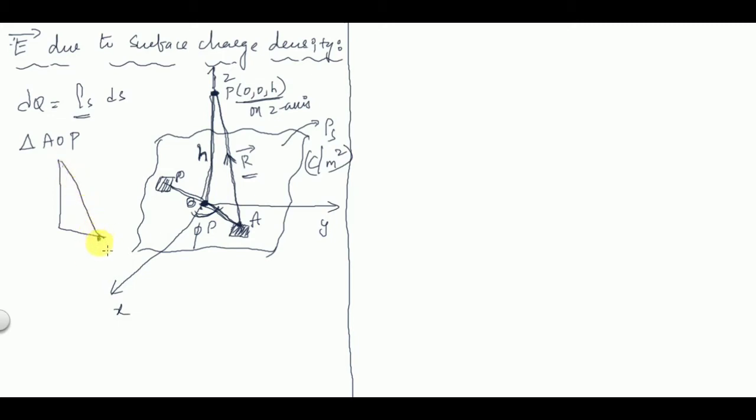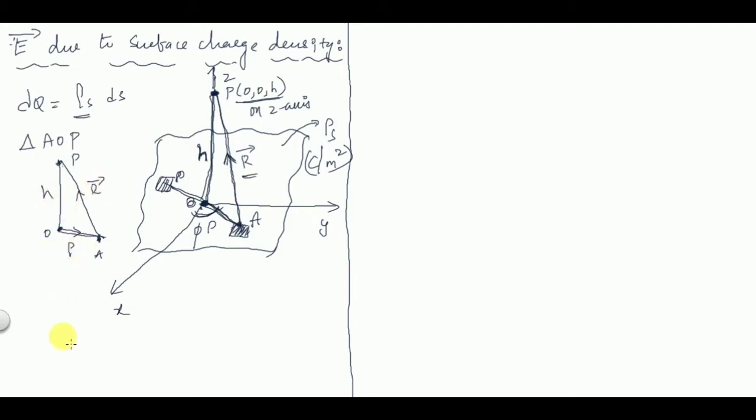This is A, this is P, and this is O. In this direction rho is increasing, and this is r bar, and this is h.